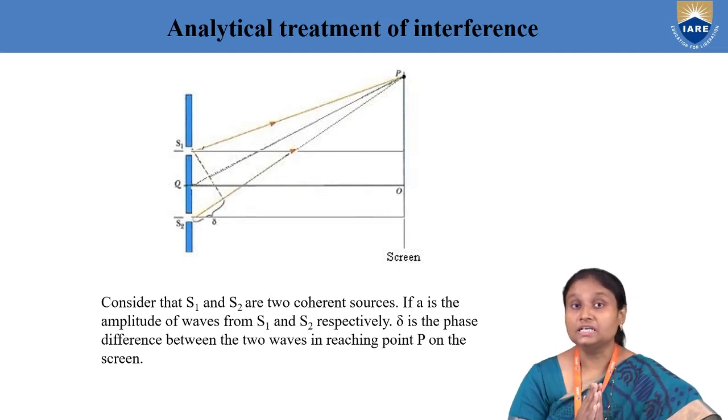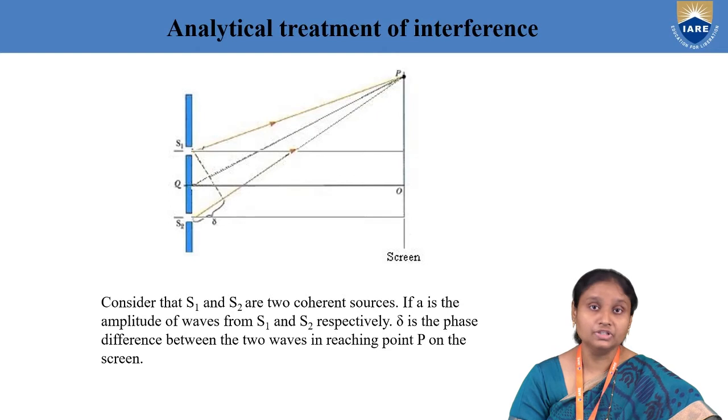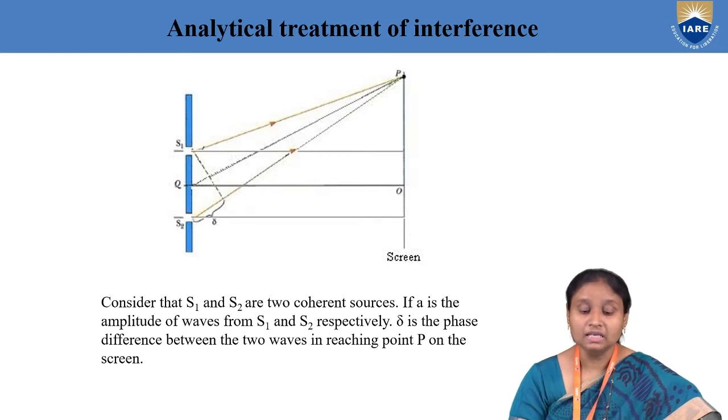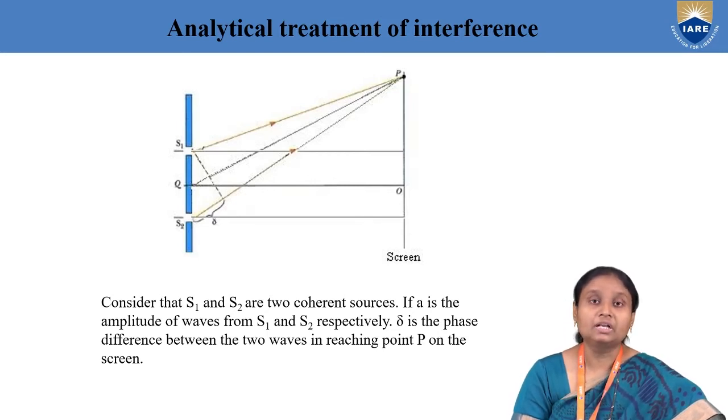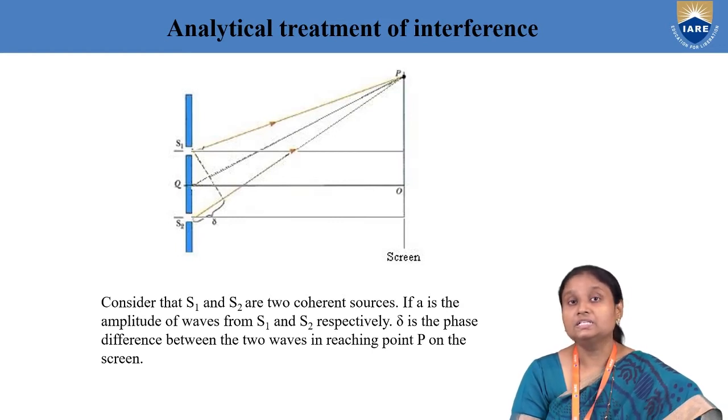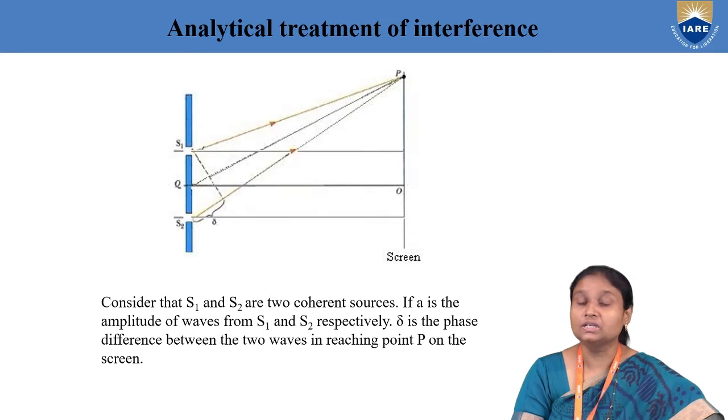And what should be the condition in order to get a dark fringe on the screen because of overlapping of those two waves? So in this analytical treatment, we'll try to get the condition for maximum intensity, which is nothing but the condition for constructive interference, and then the condition for minimum intensity, that is nothing but the condition for destructive interference.